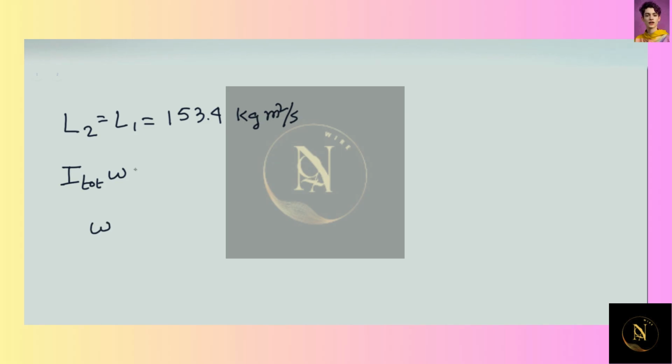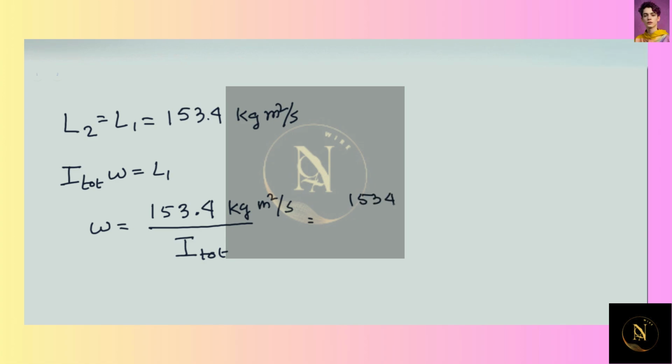So omega will be L2, which is 153.4 kg meter squared per second, divided by I total, which is 50.67 kg meter squared.